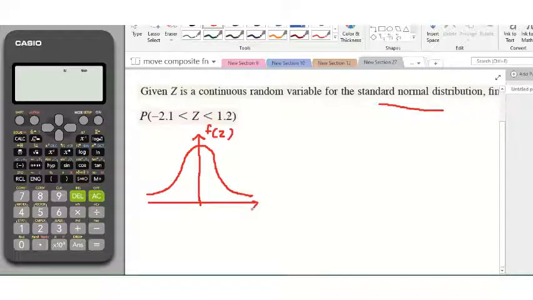Here is the x-axis, here is 0. When it is negative 2.1 and 1.2, we put negative 2.1 on the left side of 0, and positive 1.2 is around here. Then the straight lines are around here. The shaded region will be like this.